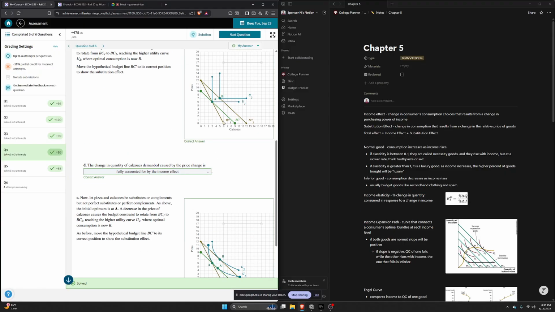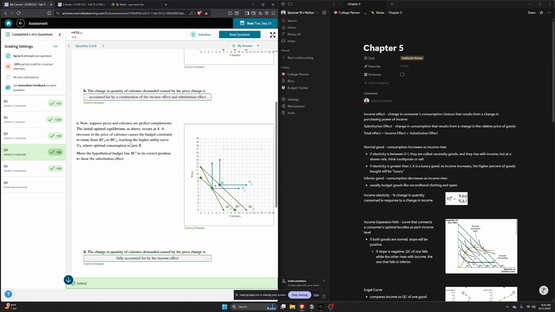Now suppose they are perfect complements. It changes from BC1 to BC2 again, and then the optimal consumption is now at B. So it moved utility curves. Move the hypothetical budget line BC prime to its correct position to show the substitution effect.